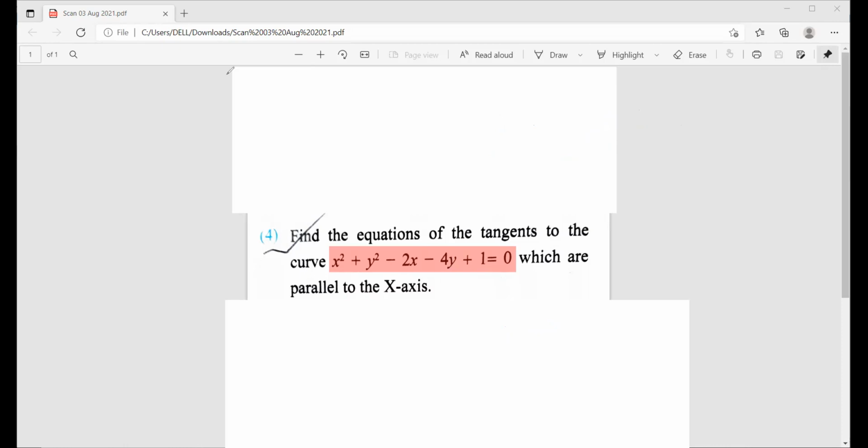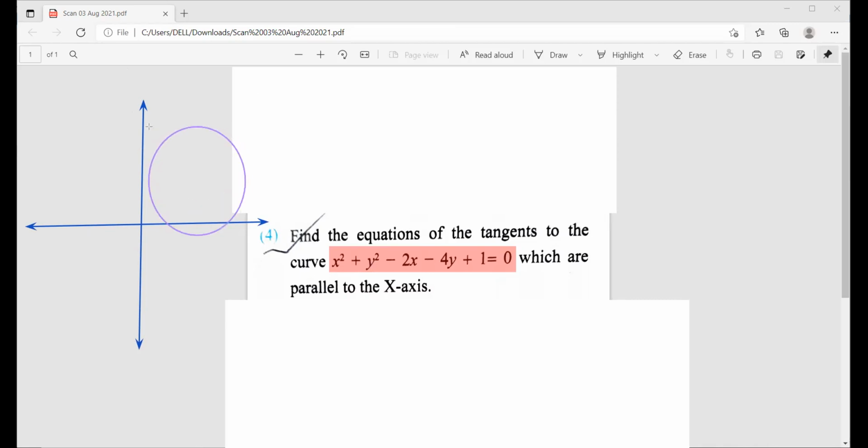Now what do they say in the question? Find the equation of tangents to this curve which are parallel to x-axis. So see here, I have the x-axis and the y-axis, and then I have the circle here.